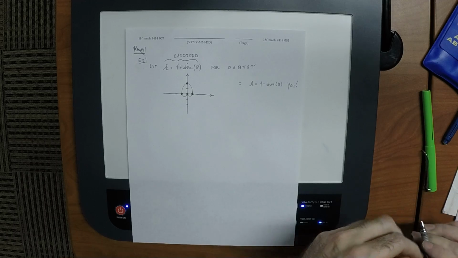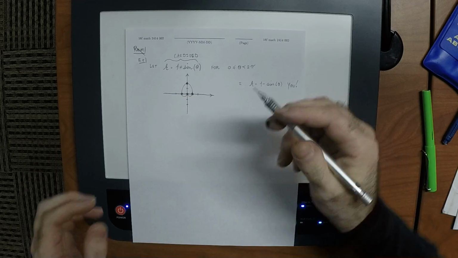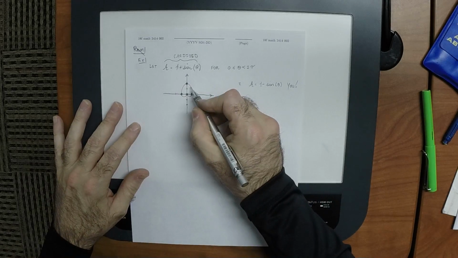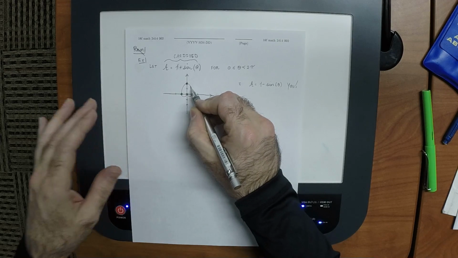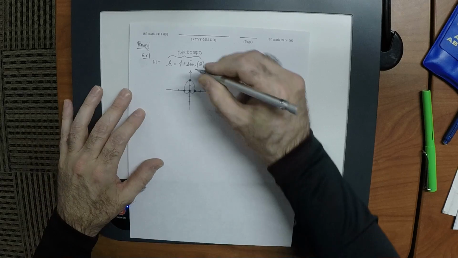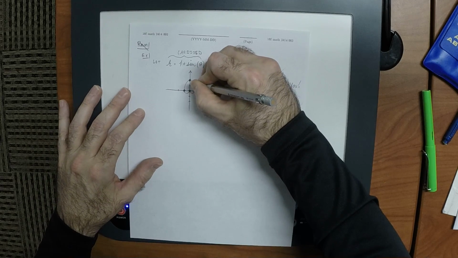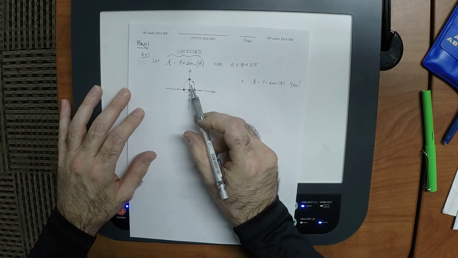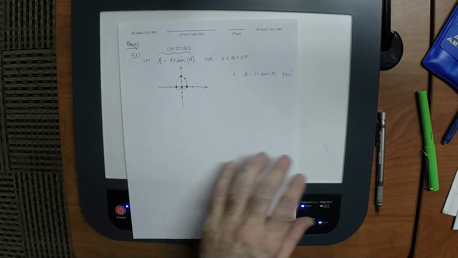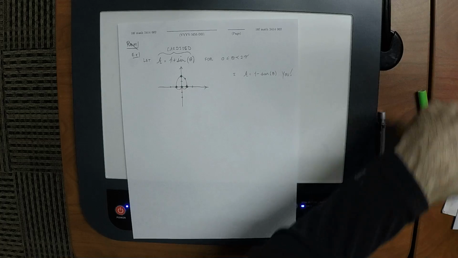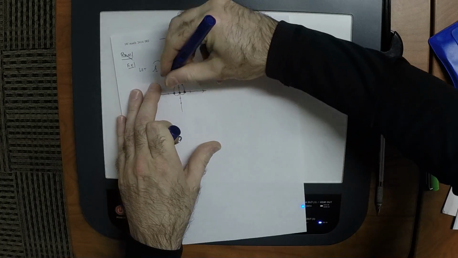So it's called a cardioid, and I could ask something like, well, at that point there, like right here. That's a point that's on the cardioid, right there. And then I could say, well, suppose I want the equation of the tangent line right there.